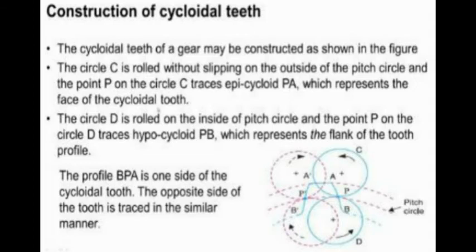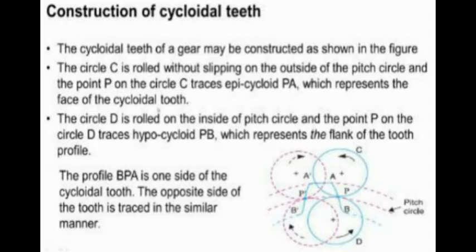You can see here when it rolls in this direction it traces the path PA. This PA represents the face of the cycloidal tooth. Then the second circle D rolls inside the fixed circle. The circle D is rolled on the inside of the fixed circle at the point P. Again, we consider the same point.